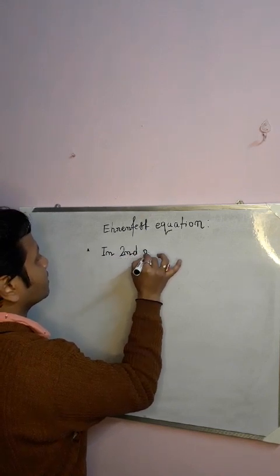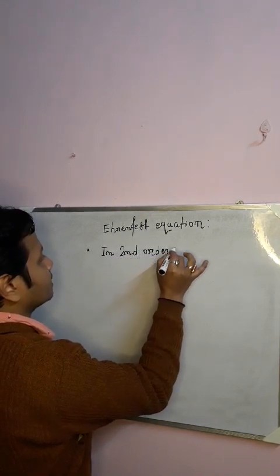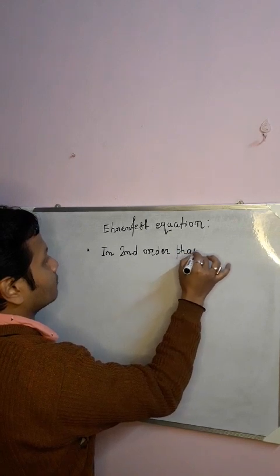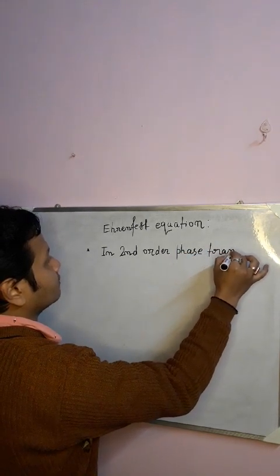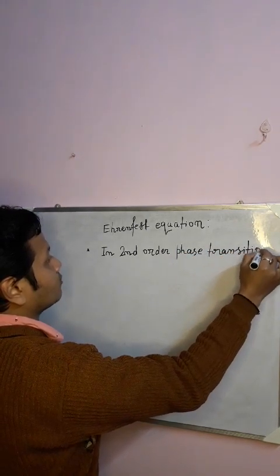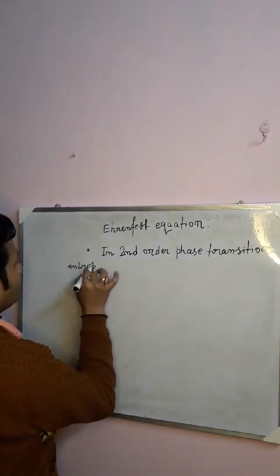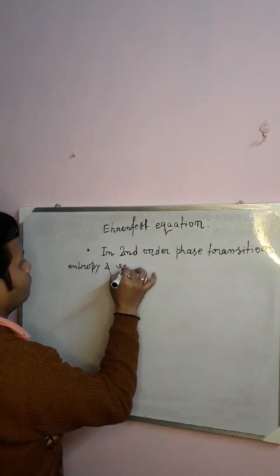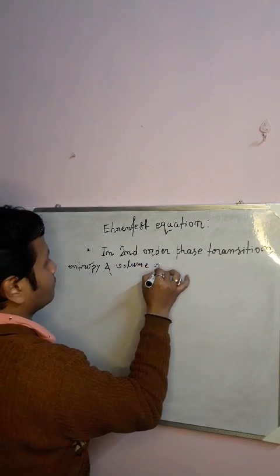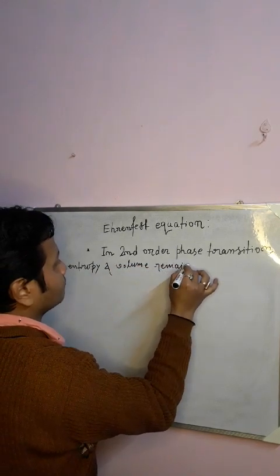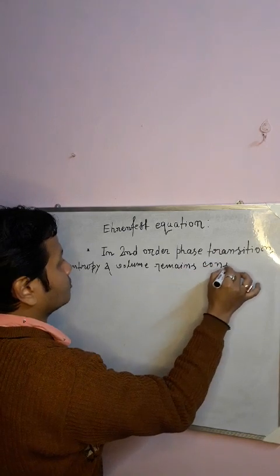in second order phase transition, entropy and volume remain constant.